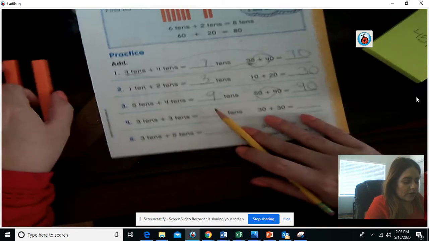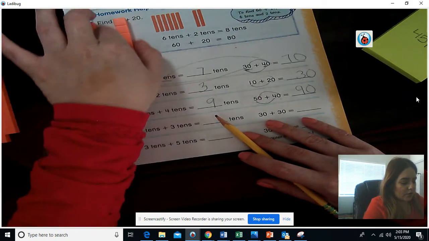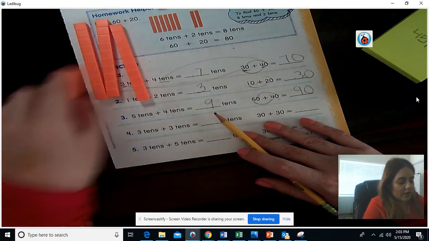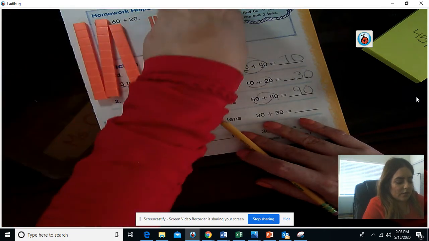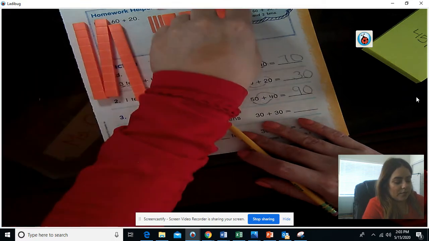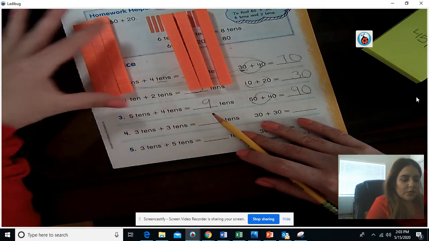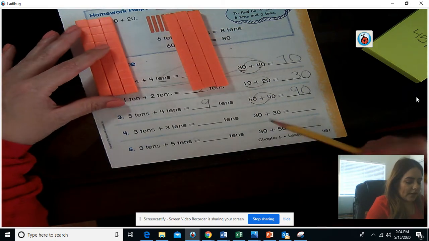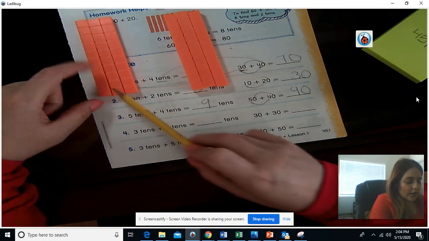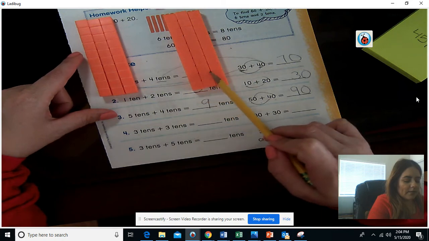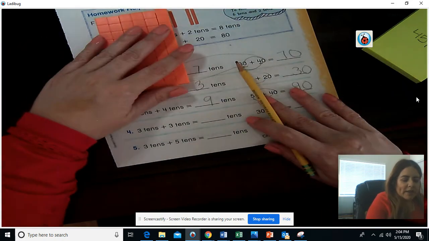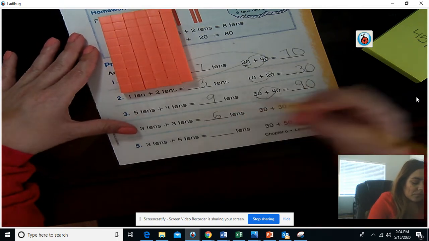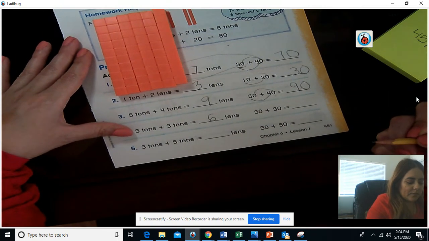Okay, number 4 says 3 tens, 1, 2, 3, plus 3 tens, 1, 2, 3. So 3 groups of 10 and 3 groups of 10. That's 3, 4, 5, 6. If we put them all together, we have 6 groups of 10. 6 tens.